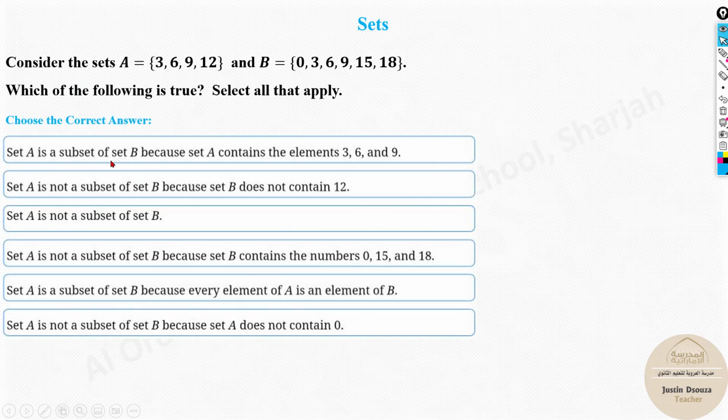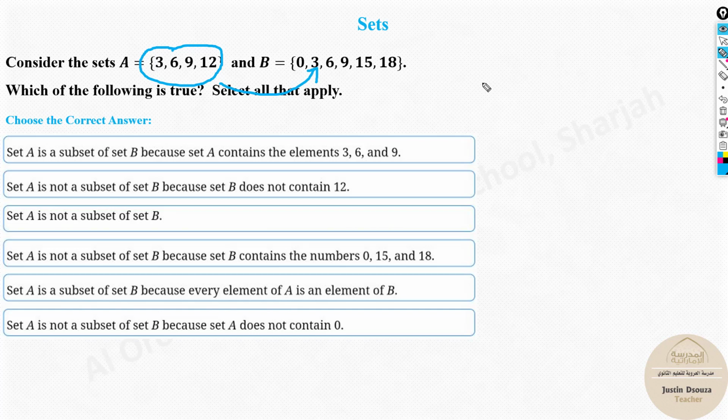Set A is a subset of set B because set A contains the elements 3, 6, and 9. Now first let's see whether it is a subset or not. Subset means this must be a part of the other one.